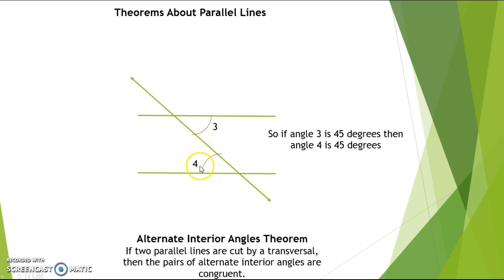This one's on the right side, this one's on the left side, so they're alternate interior angles. So if angle 3 is 45 degrees, angle 4 is also 45 degrees. Those angles are also congruent, or the same.